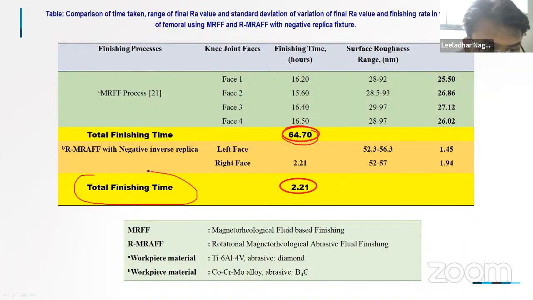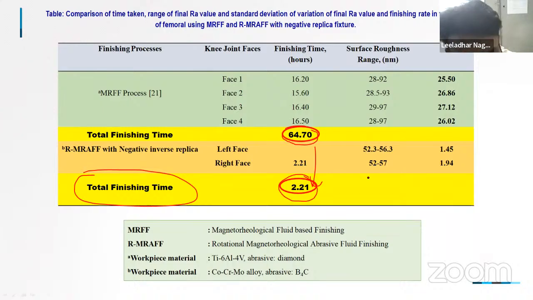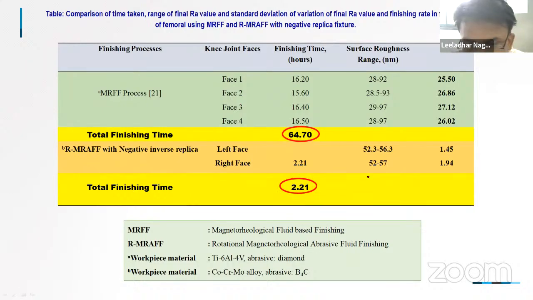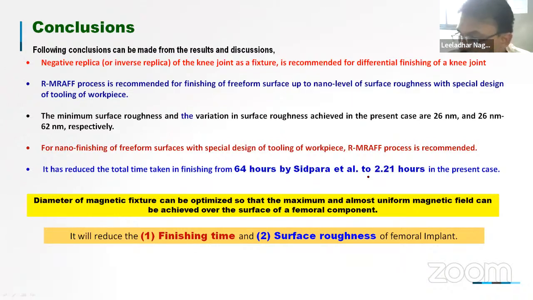Here we have developed the process with the help of this developed fixture, and we are reducing this time from 64 hours to 2.21 hours. So this is the biggest achievement of this research work. This is all about the conclusions.